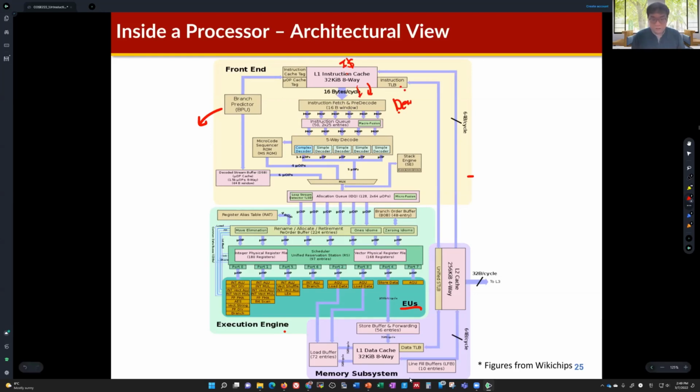But with this architectural view, we can understand how the entire processor, actually this is the processor core, is organized using different components. Digital design is a kind of low layer.